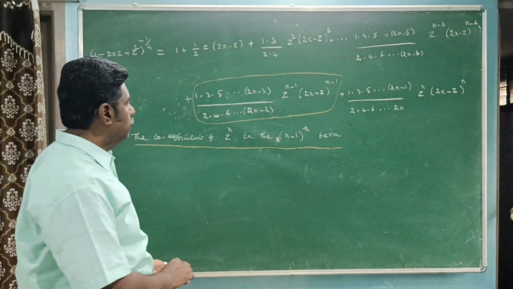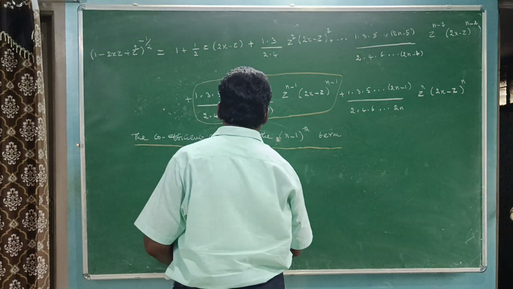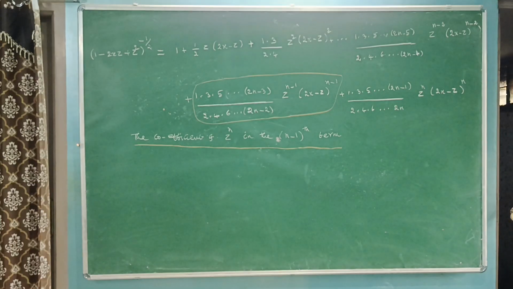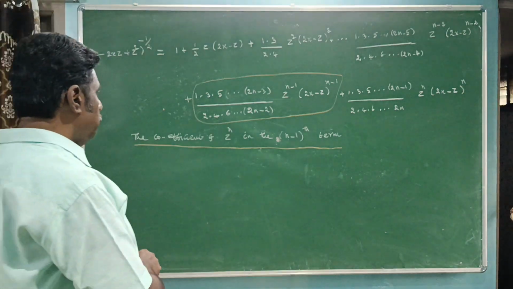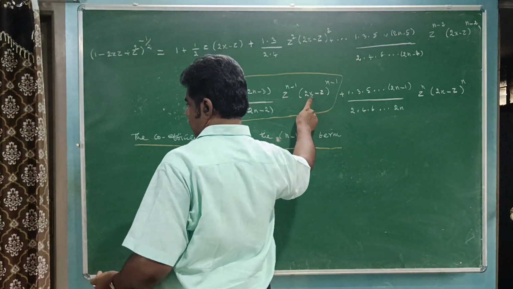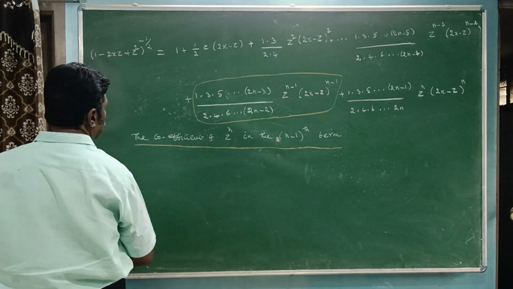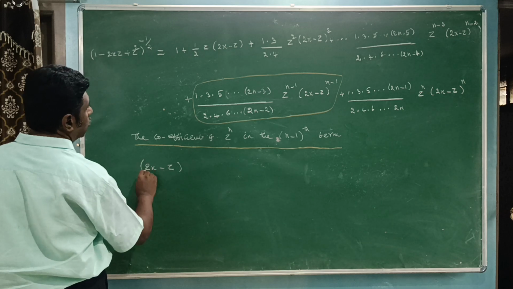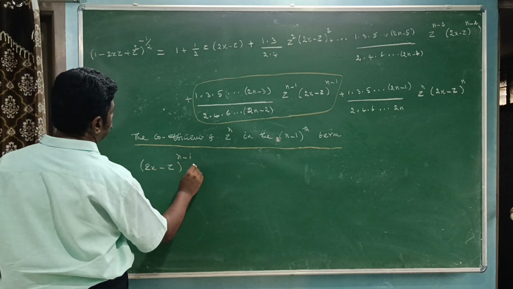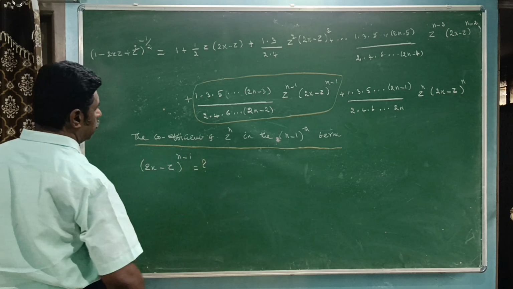In this term, first we have to expand the term 2x minus z power n minus 1. What should be the value of this term? We have to find out 2x minus z power n minus 1 is equal to 1.